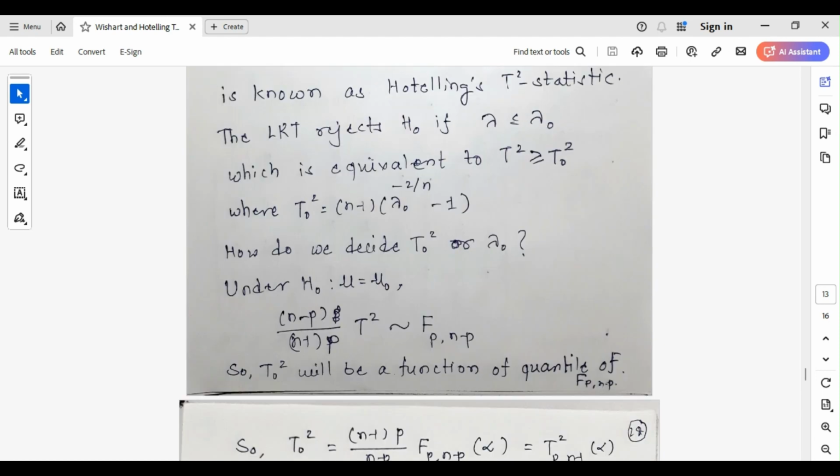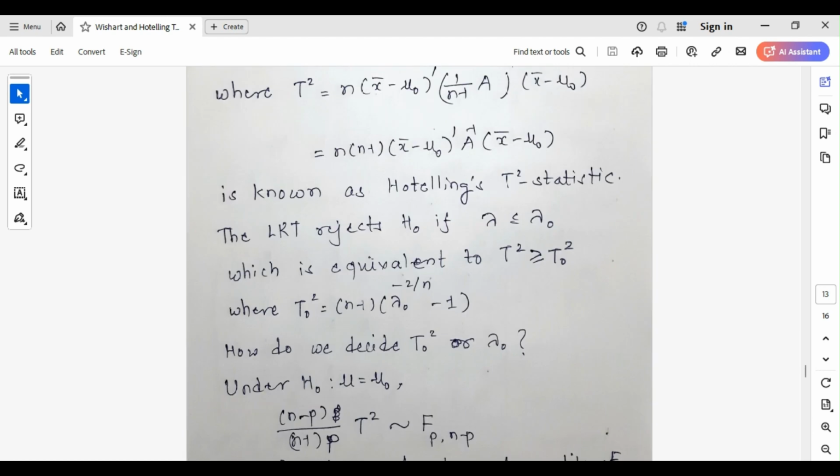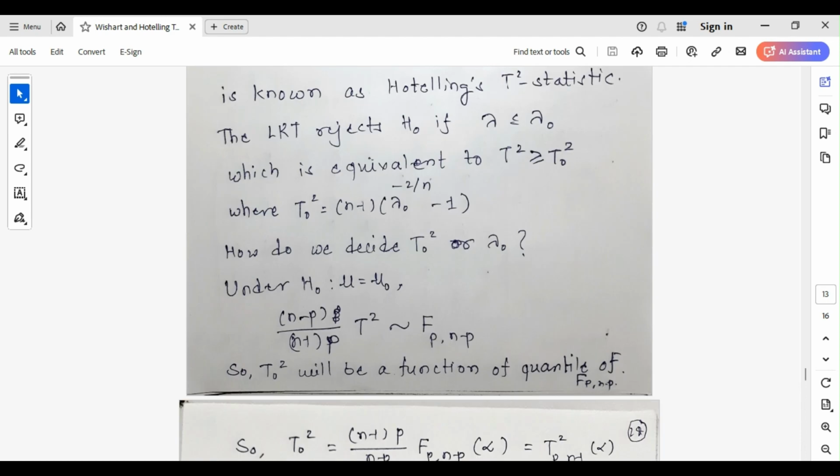Now we know that minus 2 log lambda x follows a chi-square distribution, but here we don't need that. Instead we can directly use the probability distribution of the Hotelling's t-square statistic, and the result says that under H naught, which is mu equal to mu naught, the Hotelling's t-square statistic, when multiplied by a constant like this, follows an F distribution with parameters p and n minus p.